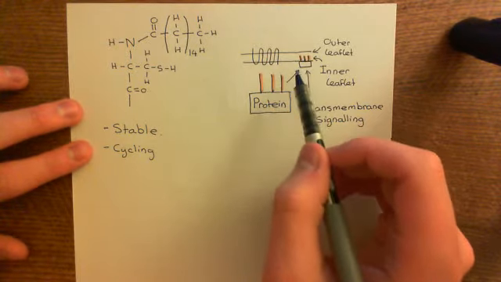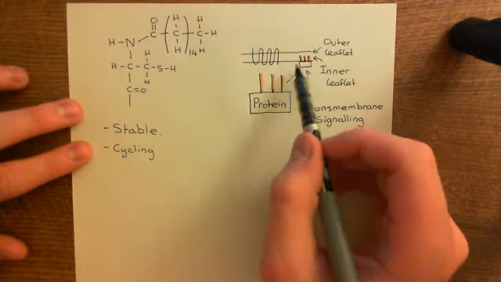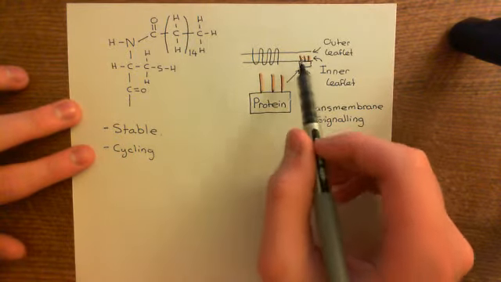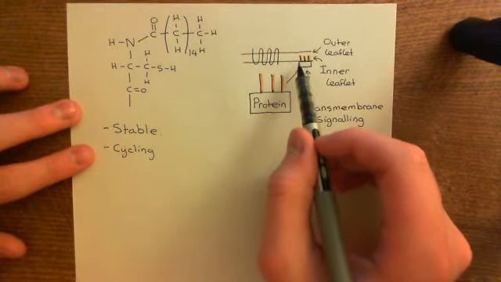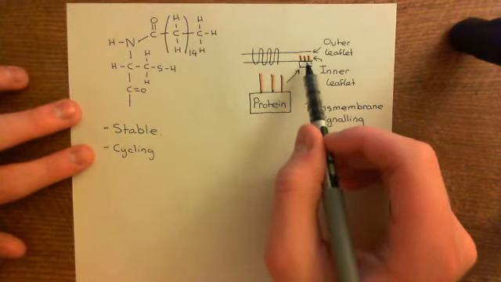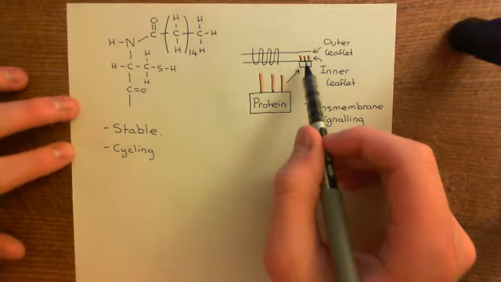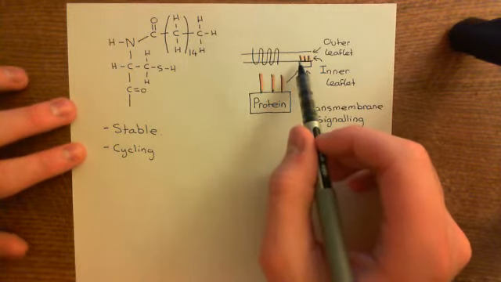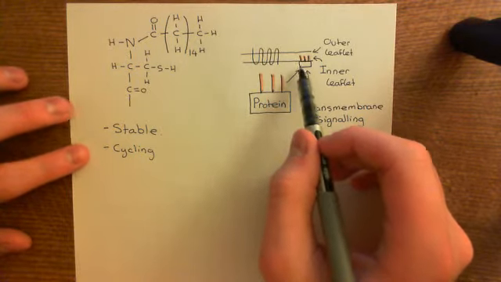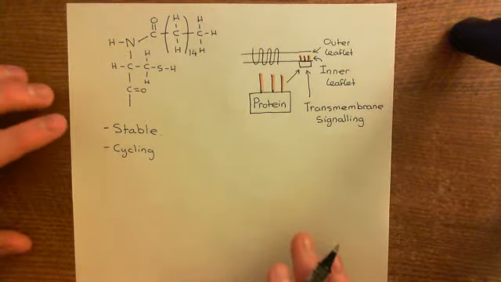But what's more interesting is when the palmitoyl groups are all cycling, okay, because then the palmitylation is reversible, and hence you can disanchor the protein from the inner leaflet of the phospholipid bilayer by breaking the thioester links between the palmitic acid molecules and the cysteine residues within the protein.